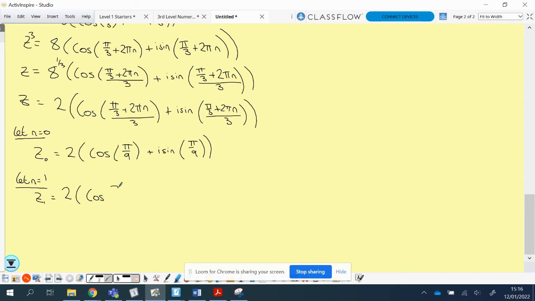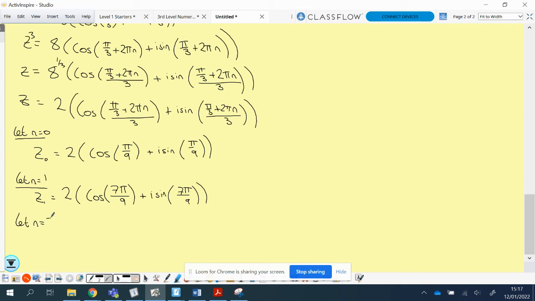And 7 pi over 3 divided by 3 becomes 7 pi over 9. Well, if pi over 9 was 20, then 7 pi over 9 would be 140. So that's where that's going to lie in our Venn diagram there. But we've got to write the polar form.